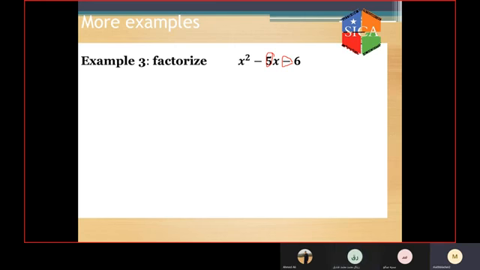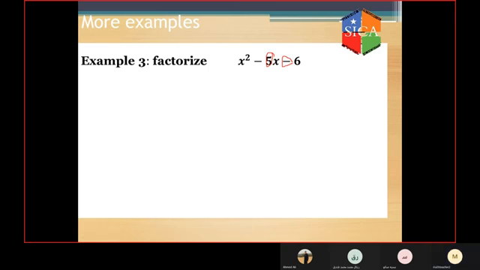The two numbers, their product is 6 and their difference is 5, ignoring the sign. Product 6 and difference 5: 1 and 6.